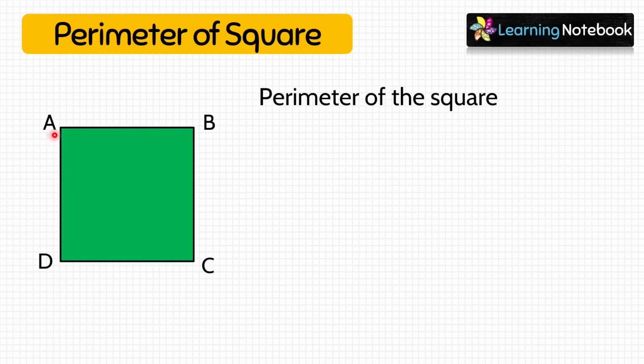So we will write perimeter of the square equal to AB plus BC plus CD plus DA. And we know all sides of the square are equal. So it means we can write BC, CD and DA as AB.